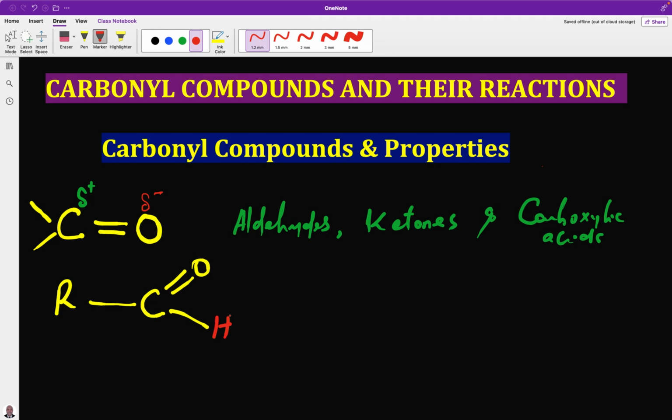And the carbonyl group is at the end of the carbon chain. Always notice that in aldehydes, the carbonyl group is at the end of the carbon chain.